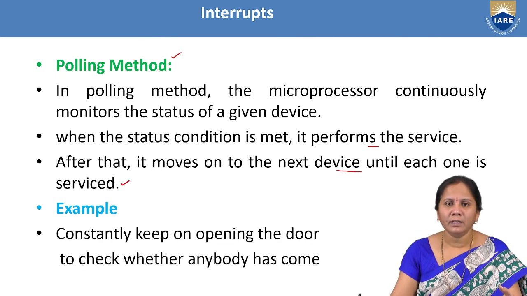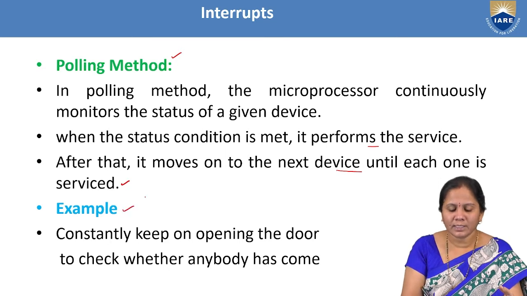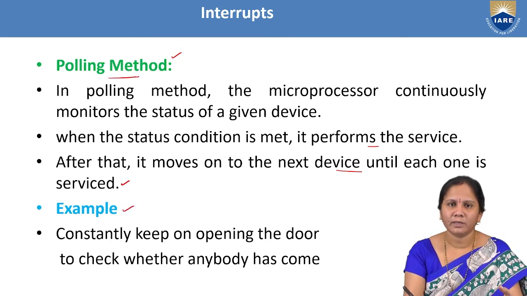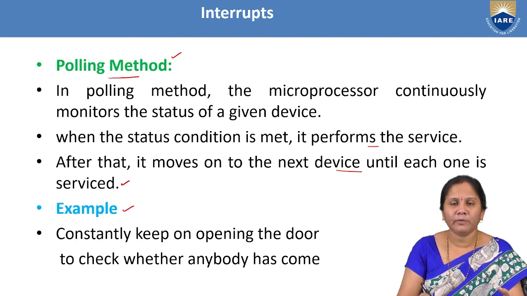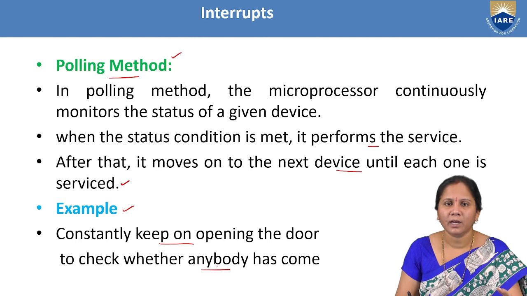If you see this example, we can clearly understand why the polling method is not preferred for data transfer between I/O devices and the processor. The best example of the polling method is constantly opening the door to check whether anybody has come.